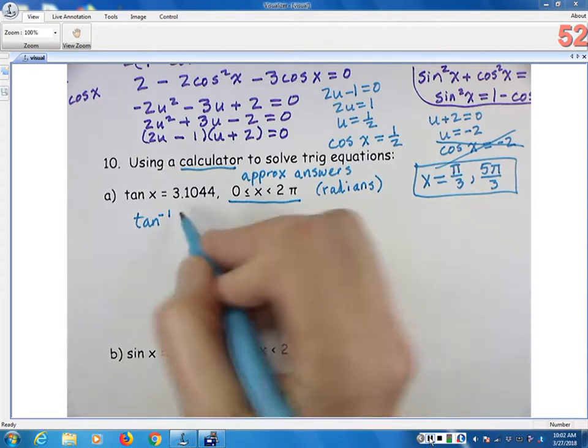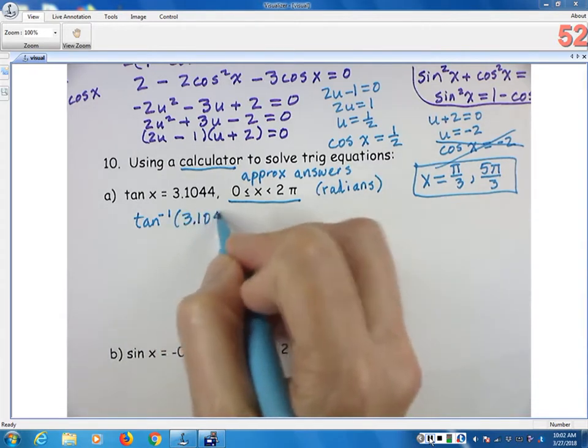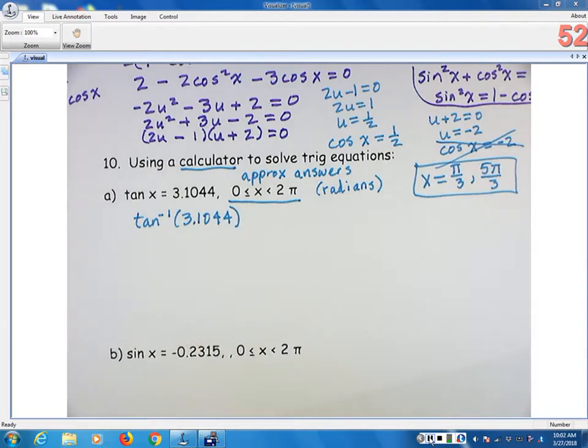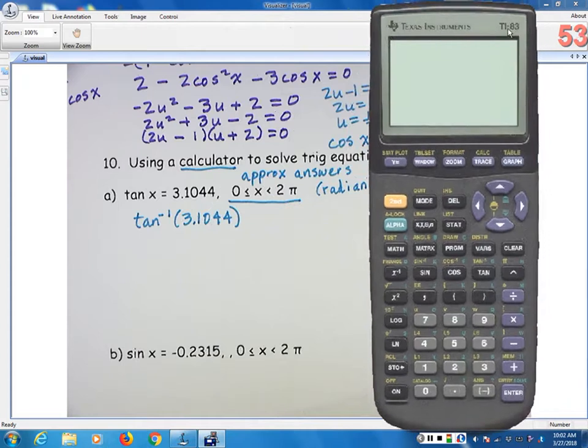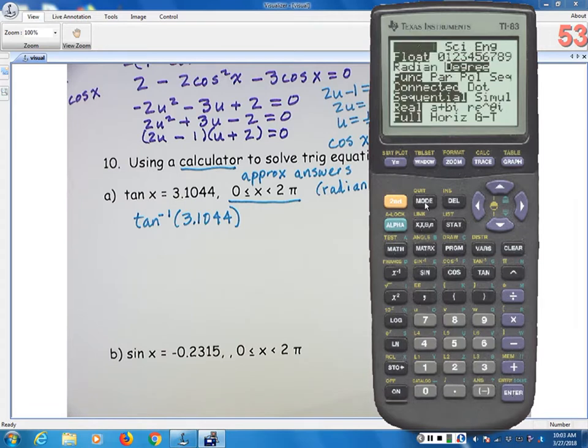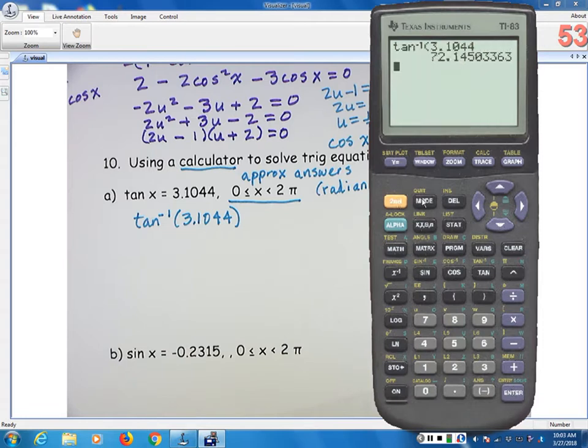Tangent inverse of 3.1044. So, bring the calculator up. Did you all finish copying the other stuff? Second, inverse tangent of 3.1044. Oh, guess what? My calculator's in the wrong mode. Gotta check that mode. Radians. Quit.